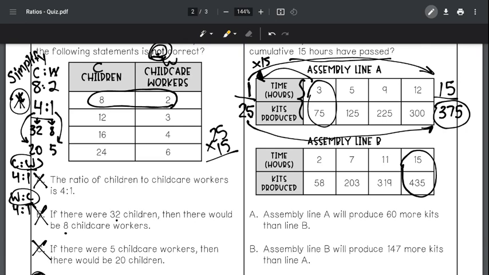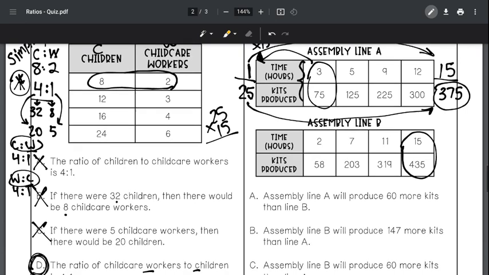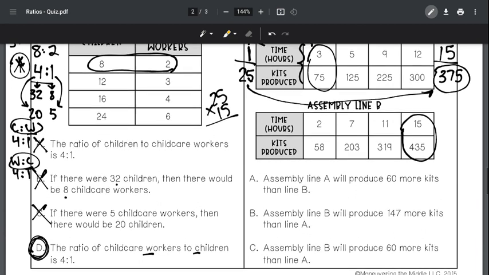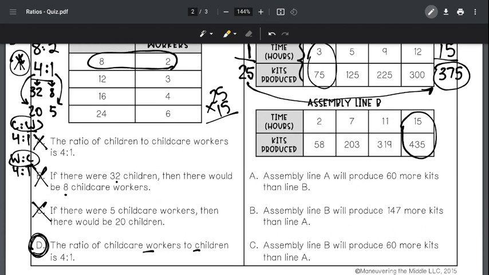Okay, so then if you look at your answer options, A, B, and C, it's asking which company made more, Company A or Company B. So we're comparing these two numbers, 435 versus 375. And then we're trying to figure out what was the difference between those two numbers.